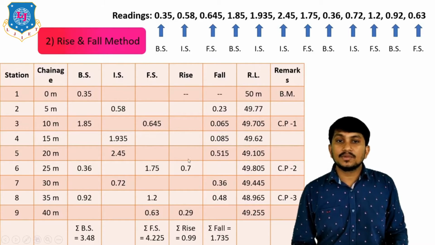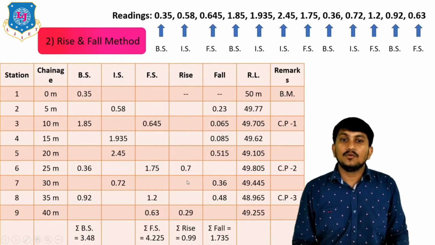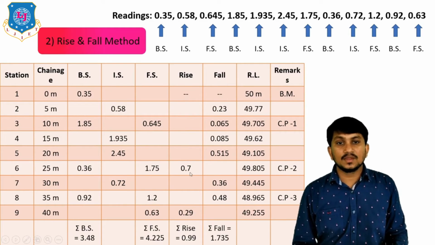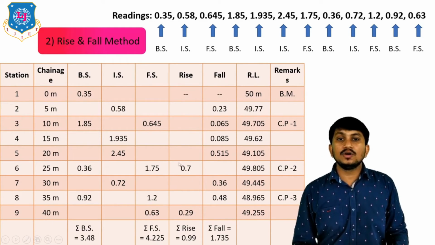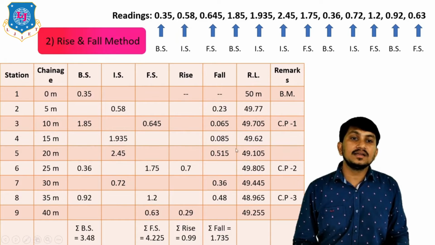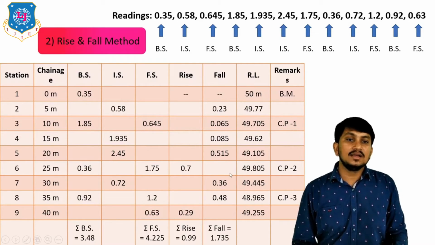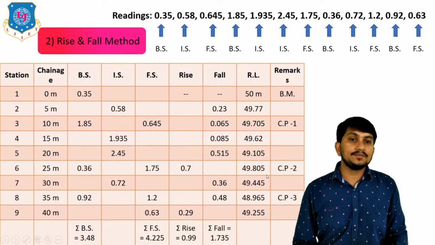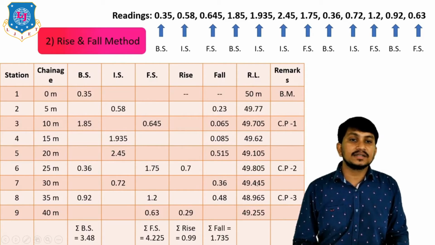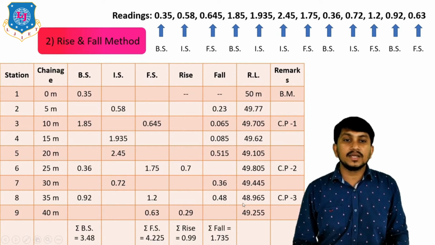Why is there a plus? Because it is a rise. When there is a rise in the station, we have to add the value of the rise to the preceding RL. So 49.105 plus 0.7 gives 49.805. 49.805 minus 0.36 gives 49.445. 49.445 minus 0.48 gives 48.965.